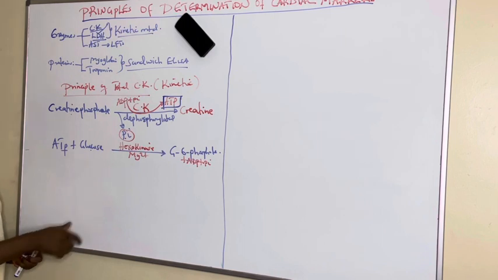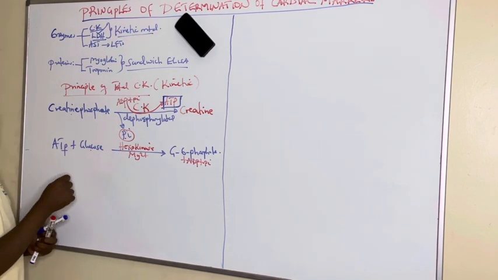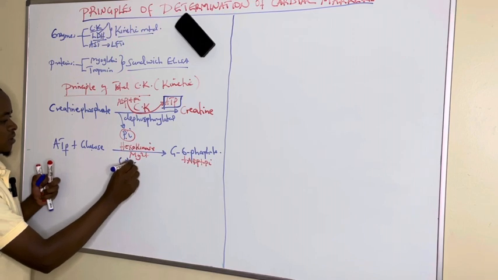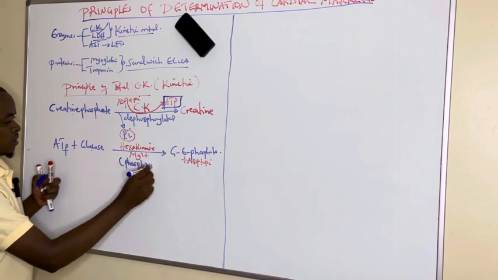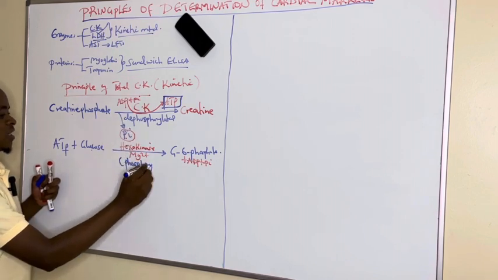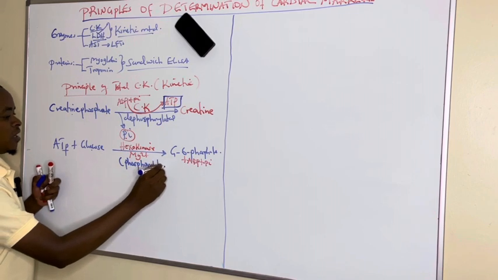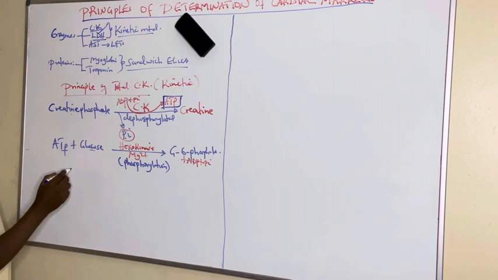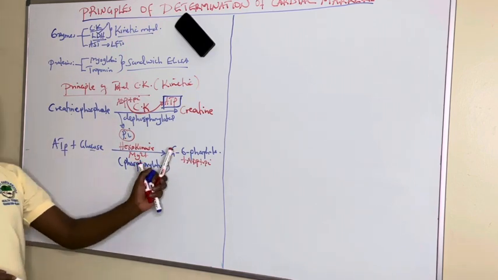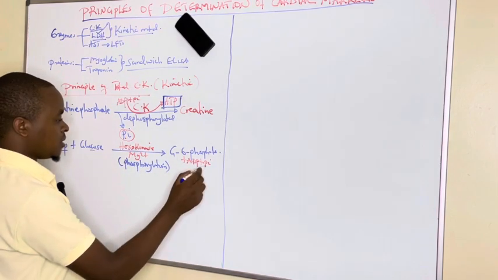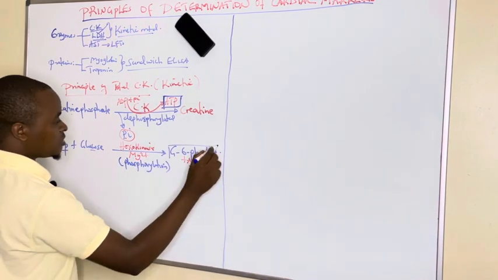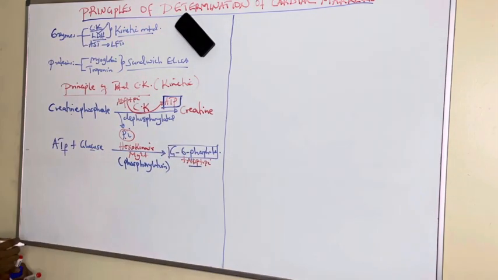So this reaction is phosphorylation, the other one was dephosphorylation. This is phosphorylation because we are adding a phosphate group at carbon number 6 of glucose to form glucose 6-phosphate plus ADP. But in this reaction, we are interested in the formation of glucose 6-phosphate.